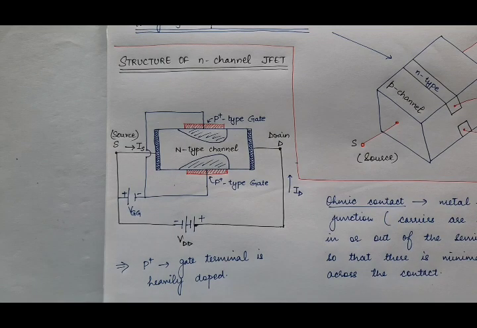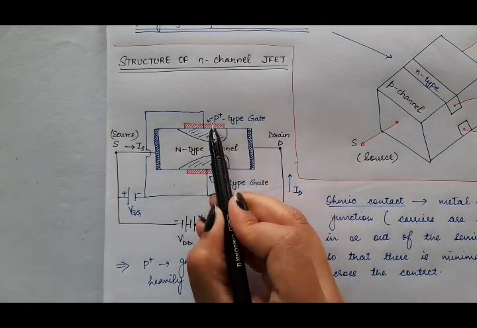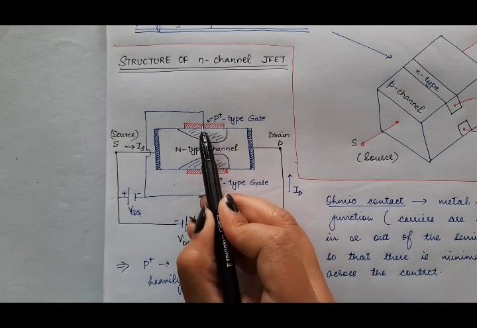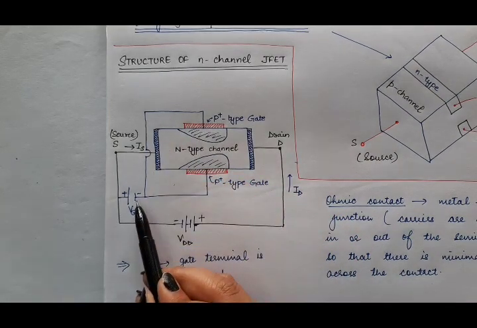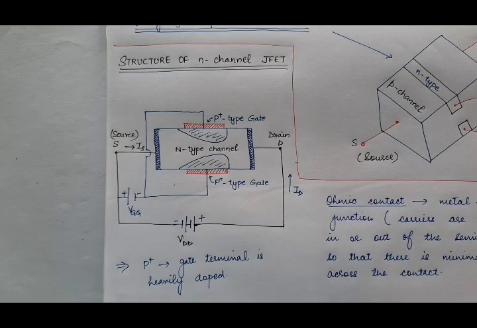So what you have to remember is that whether it is an N-channel FET or a P-channel FET, you will always have to reverse bias the gate terminal. In case of N-channel FET, the gate will be P-type, and its biasing voltage will be negative. Only then will these two PN junctions be reverse biased.